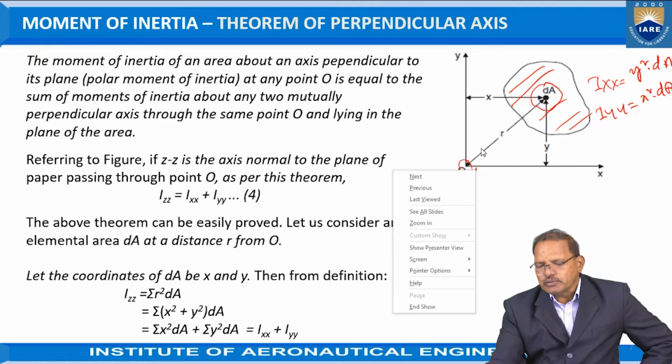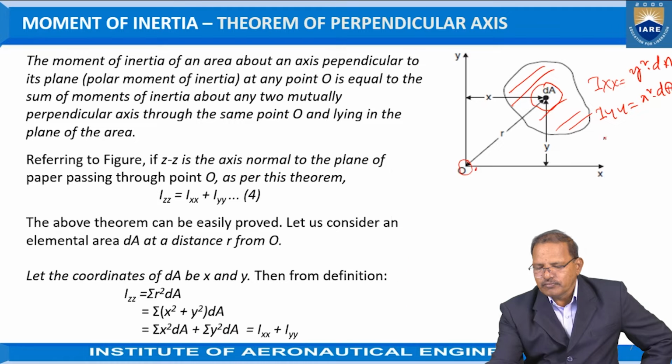Then the moment of inertia possessed by the element about the z-axis, which is perpendicular to the x-axis and y-axis, is given by Izz equal to r square into dA.